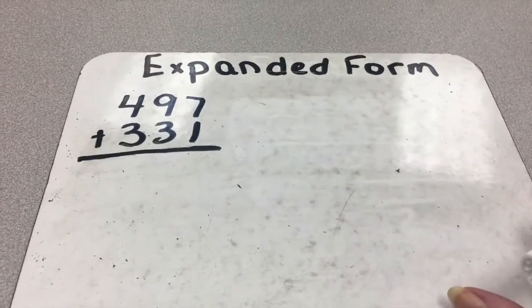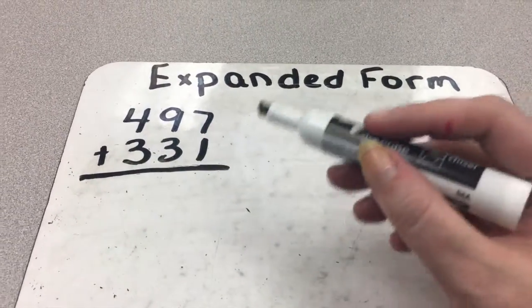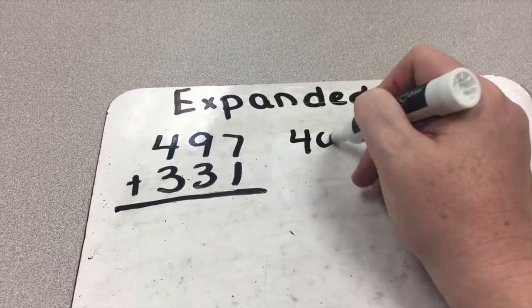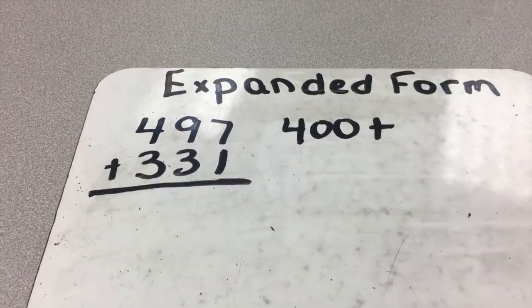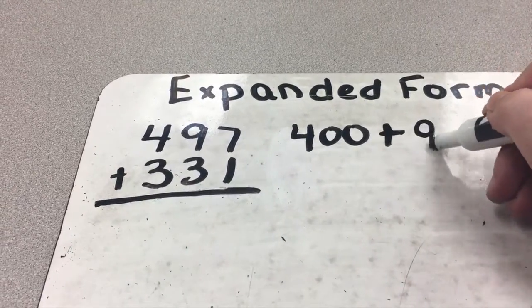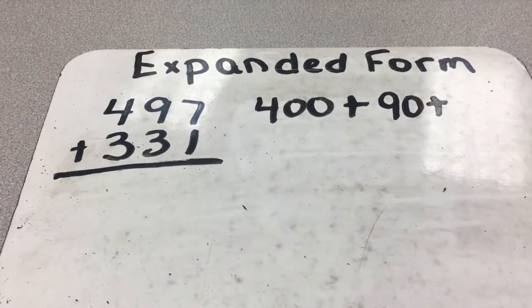What we're going to do first is write that in expanded form. If I have 4 100s, that's the same thing as saying a value of 400 plus the value of my 10s. I have 9 10s. 9 10s is 90 plus the value of my 1s. I have 7 1s.